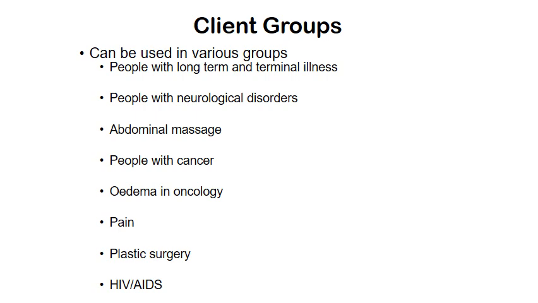So looking at client groups, it can be used for various groups. Like people with long-term terminal illness can definitely find a lot of use from massage. People with neurological disorders, abdominal massage, people with cancer, edema in oncology, pain, plastic surgery, HIV and AIDS.